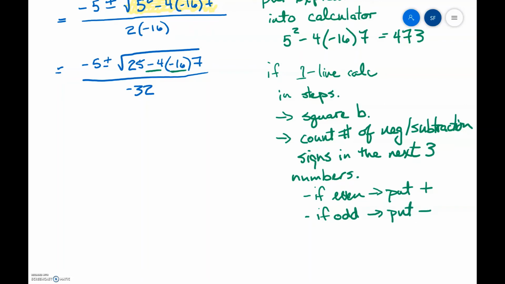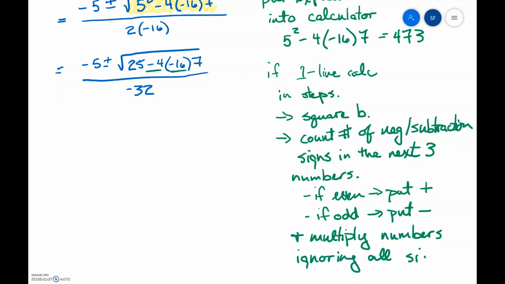Then multiply the three numbers, ignoring all signs. So for us, our next line would look like -5 plus or minus square root 25, because we have 2 negative signs and 2 is even.